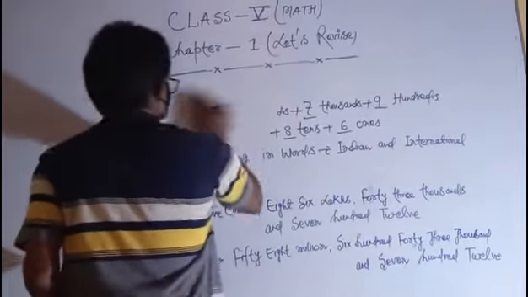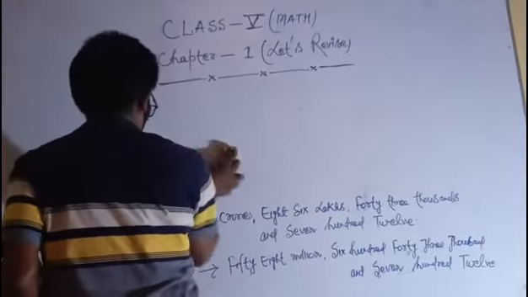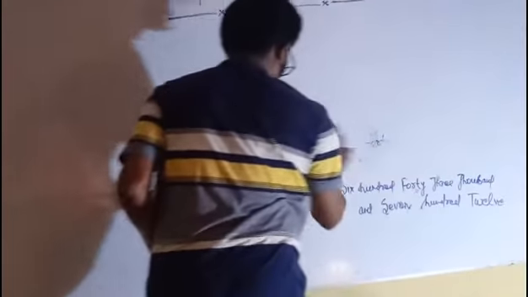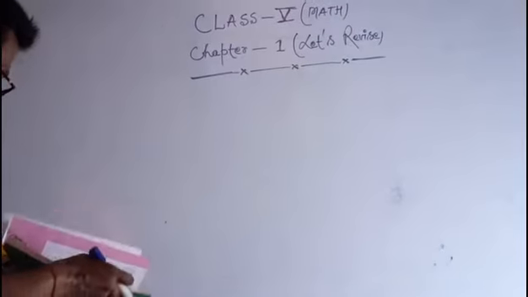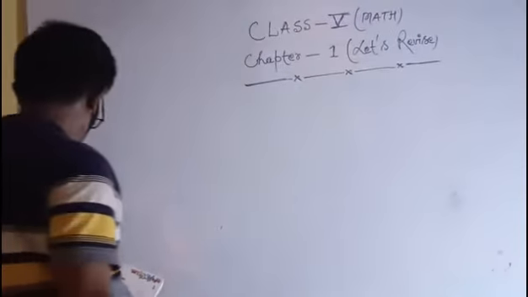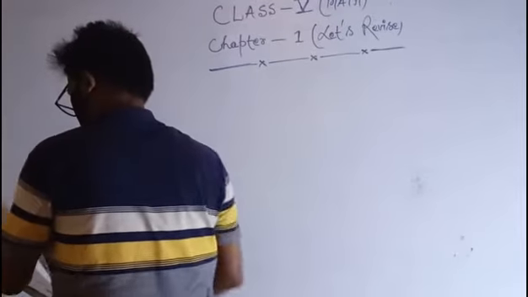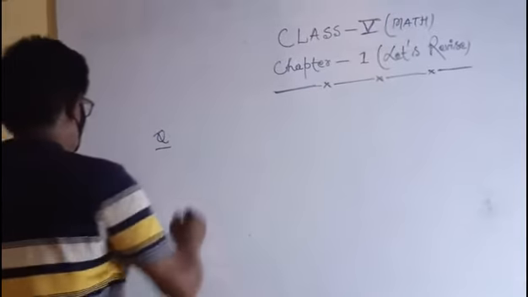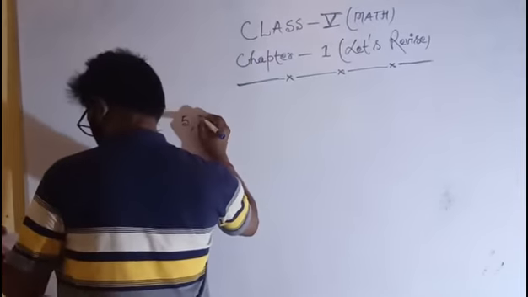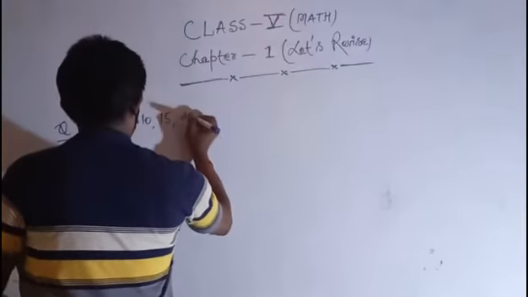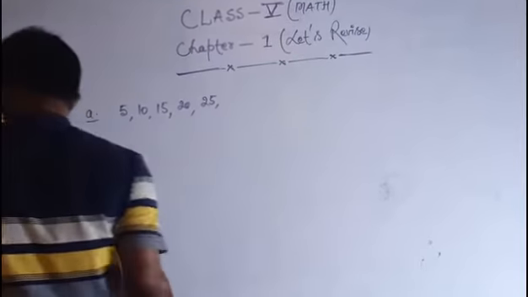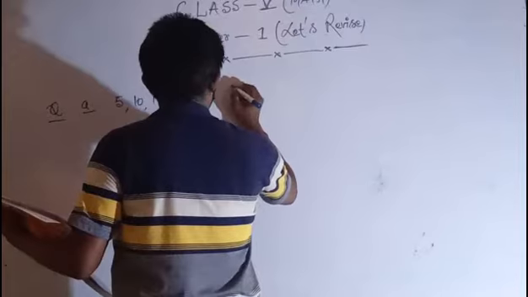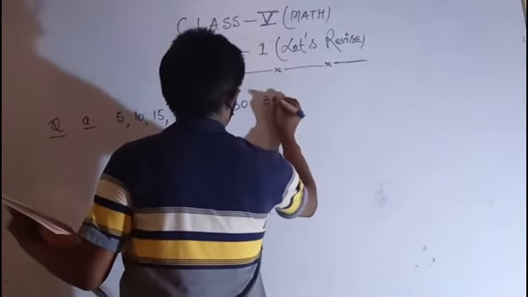Next question. You have to complete the pattern: 5, 10, 15, 20, 25, and it is your 30, 35, 40.